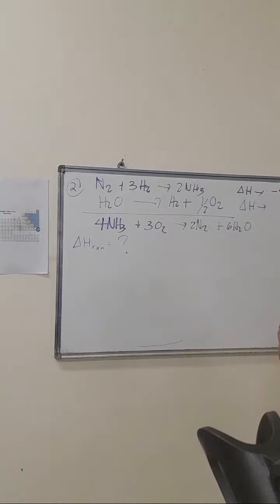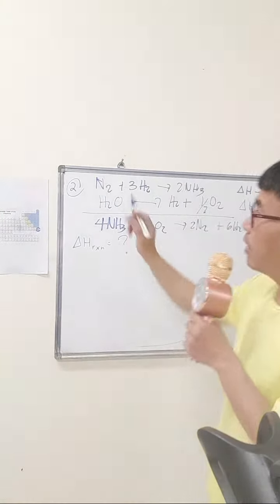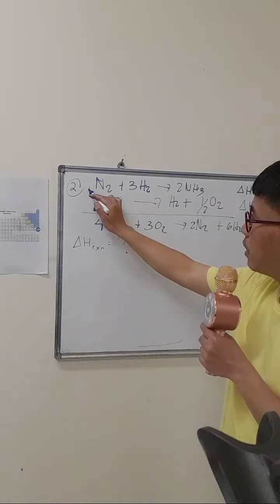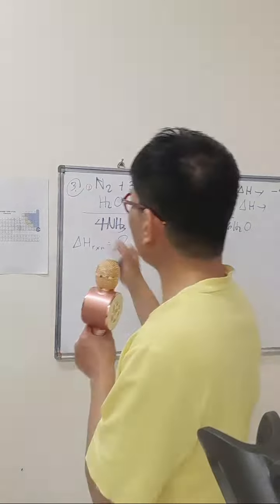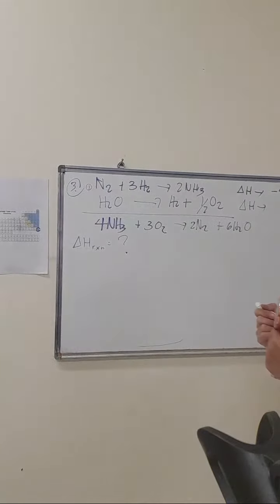Now we have equation 1 here. Oh, this is number 3, sorry guys. Equation 1: nitrogen gas plus 3 moles of hydrogen gas will yield 2 moles of ammonia, and the enthalpy change of this reaction is negative 92 kilojoules.